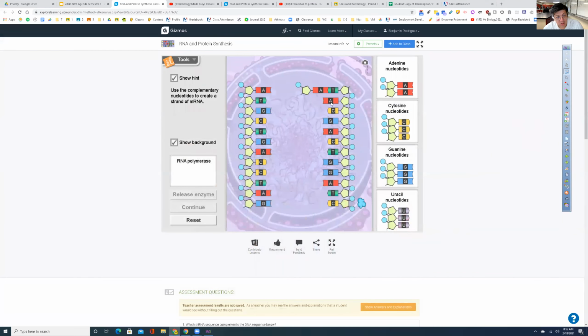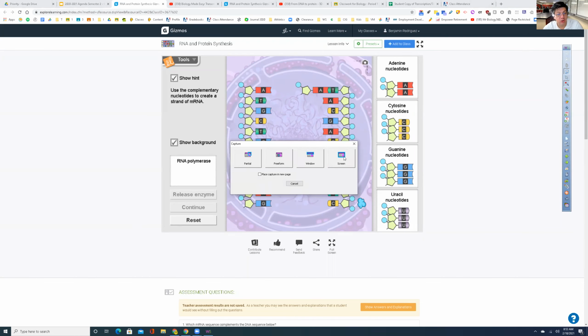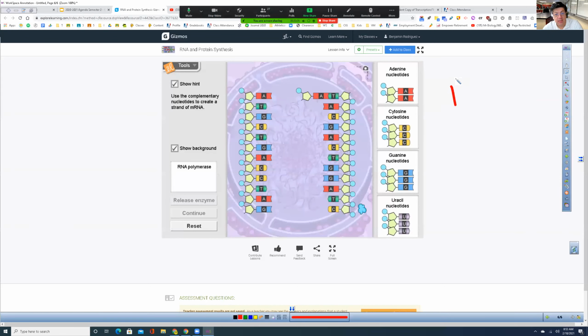Now, normally, if there's an adenine nucleotide, what goes on the other side normally? Thymine. But remember, we're not making DNA. We're making RNA, okay? And right now what we're doing is transcription. So this process that we're doing right now is called transcription.